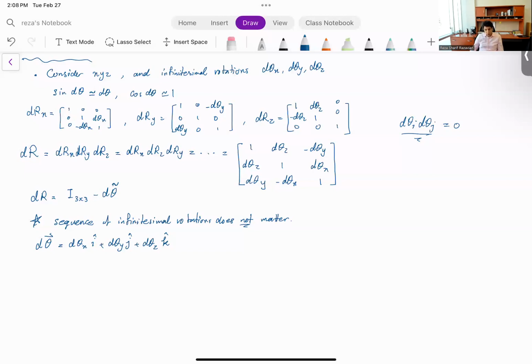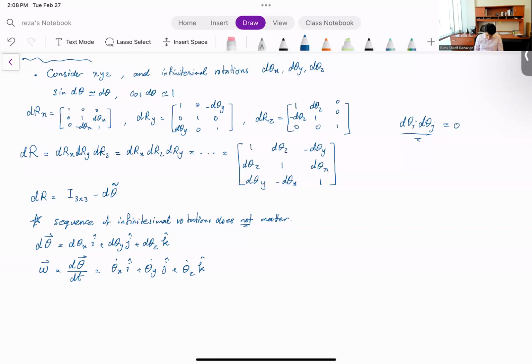So if you do this, let me see where I'm going with this. Now it is easy to think of angular velocity, omega, as d theta over dt, which is theta dot x along i plus theta dot y along j plus theta dot z along k.